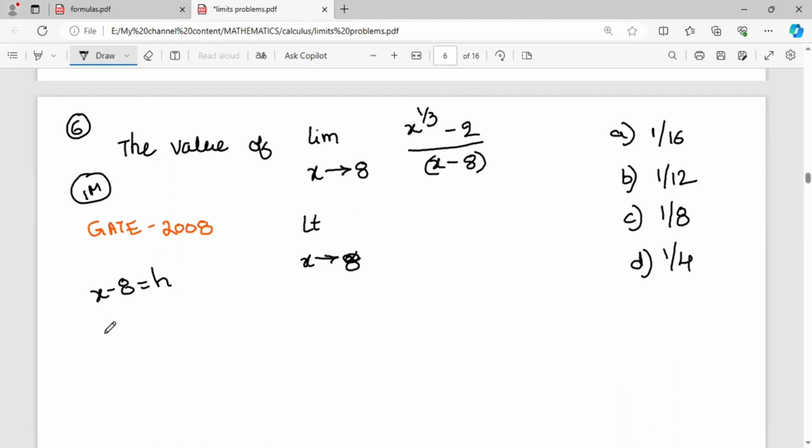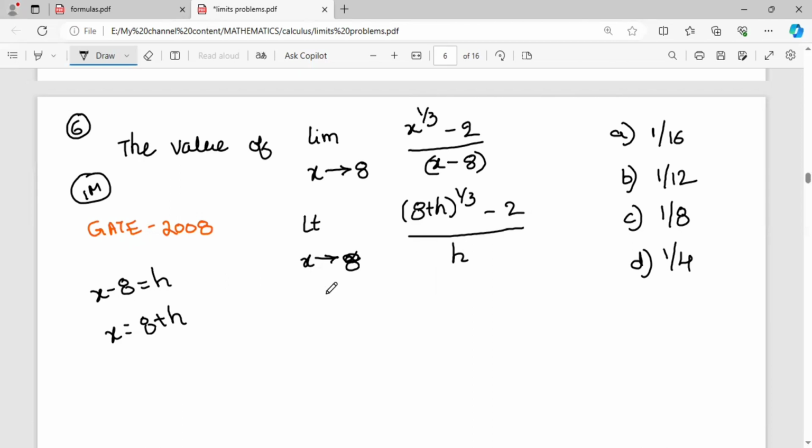Then from this we can write x equals 8 plus h. So you can substitute: ((8 + h)^(1/3) - 2)/h, since x - 8 is h.